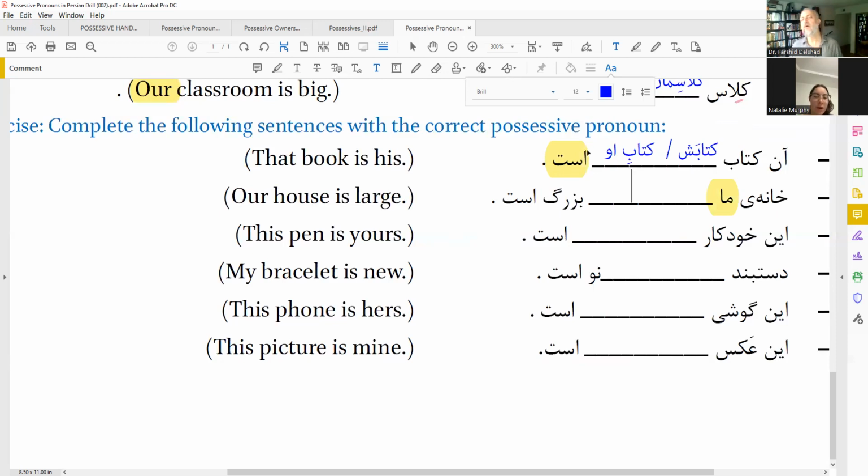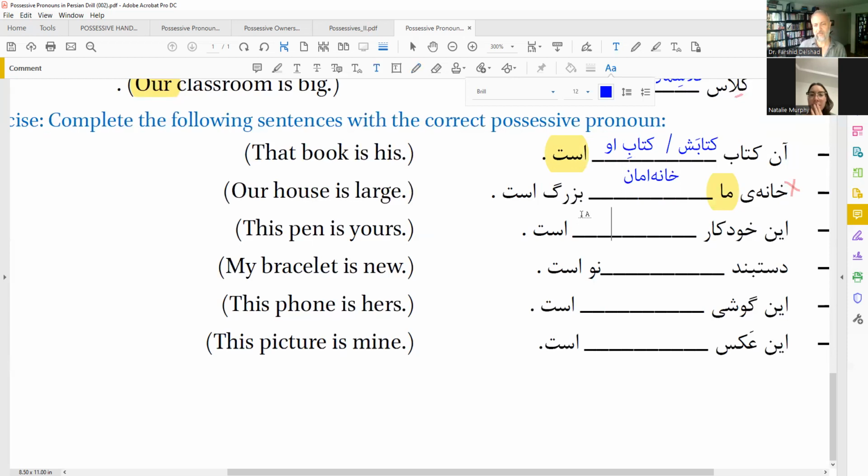The second one, khane-am, this one, khane. Then khane-aman. Perfect, khane-aman, exactly. Khane-aman. Khane-aman بزرگ است. Our house is big.